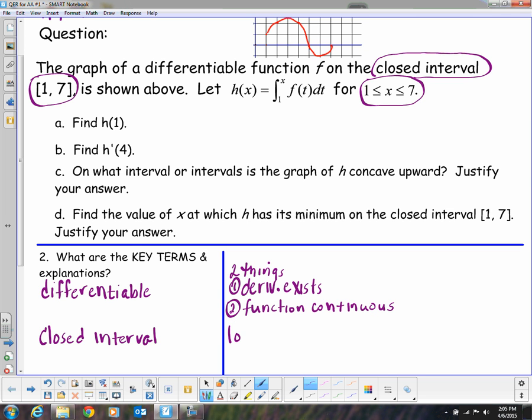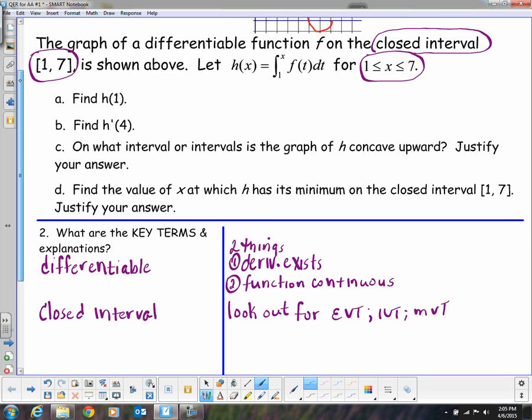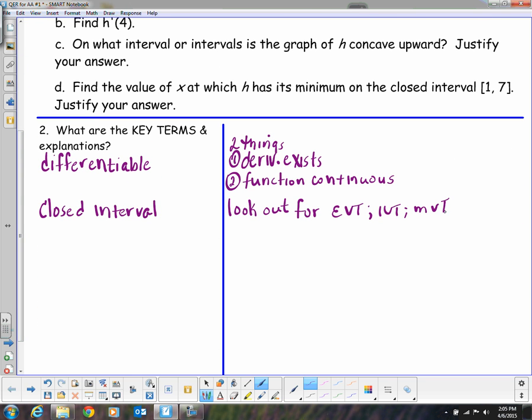But on this I want to look out for our theorems: extreme value theorem, intermediate value theorem, and mean value theorem. I'm going to stop here for the moment because these have generated several things I need to know. Extreme value theorem is going to involve mins and maxes.